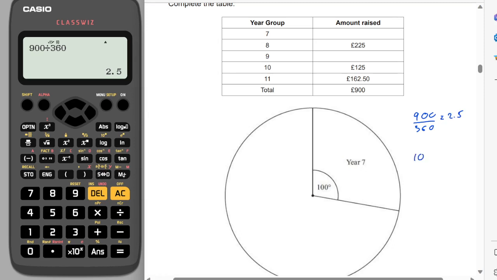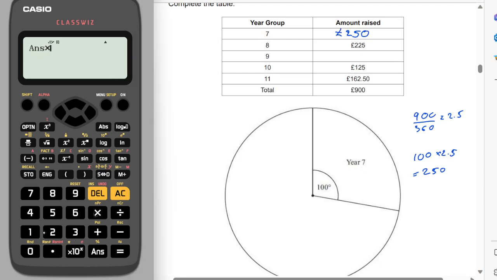So 100 times by 2.5 will give us 250. So year 7 should be 250 pounds, and then these 5 figures should add up to 900. So if I add them up so far, let's just times that by 100. There we go. Plus 225 plus 125 plus 162.5.